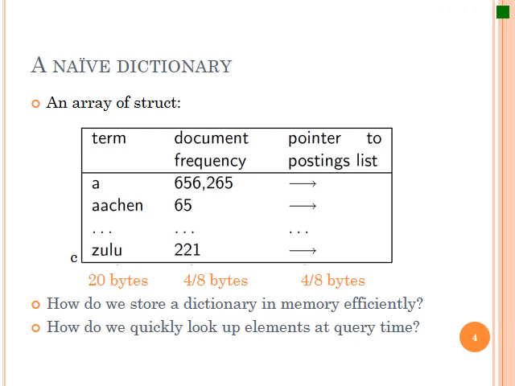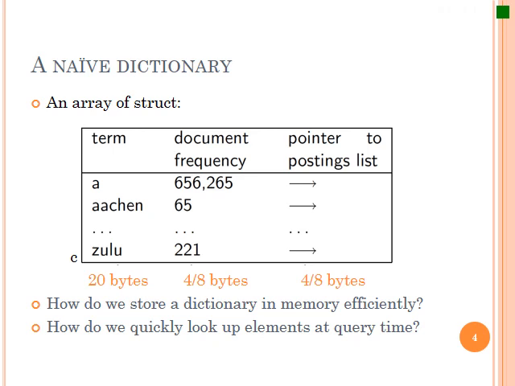But then if you look at it this way, a term itself, assuming that your term is no longer than 20 characters, let's talk about English for now, is going to take 20 bytes, one byte per character. And the frequency, which is an integer, depending on your architecture, takes either 4 bytes or 8 bytes, depending on whether it's a 32-bit architecture or 64-bit.